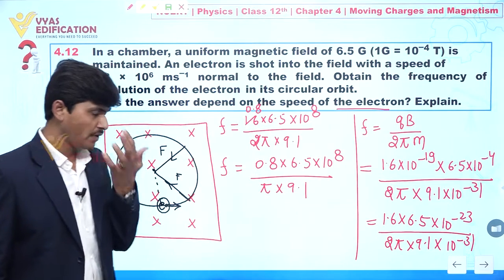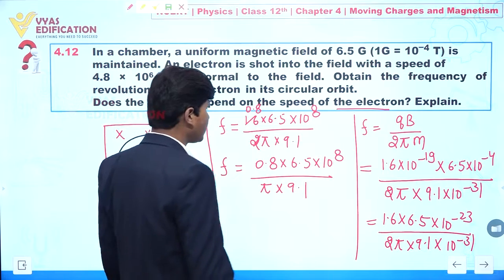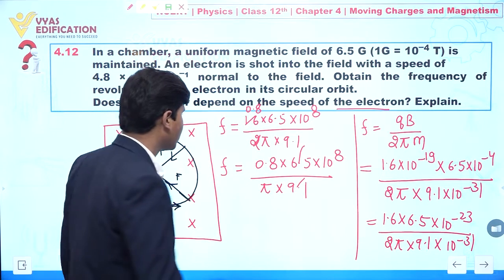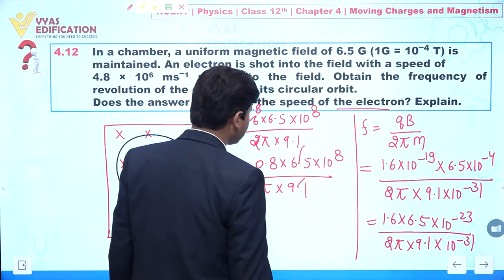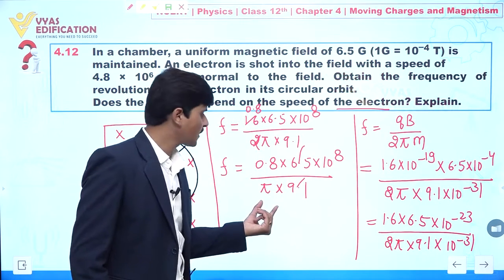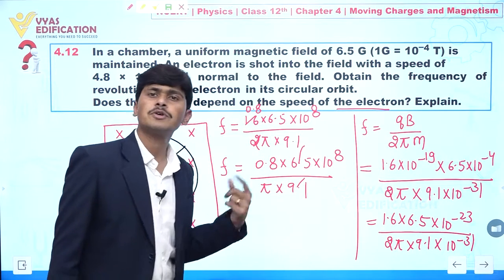Now we have to take an approximation. Let's say this decimal and this decimal cancel out. So I can say this value we have, pi, is 3.1, and this is 9.1. If we multiply both, that is 27 point something.